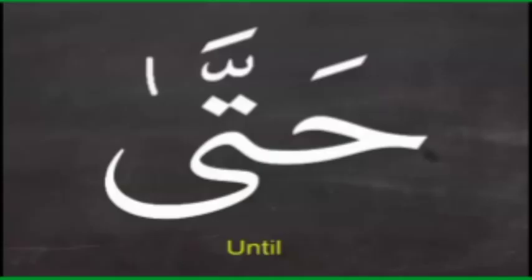The next word is hatta. Hatta normally does not join two pronouns. Like we cannot say hatta hum, hatta kum, hatta na; that is not possible, right? Because hatta means until, and it is about time.